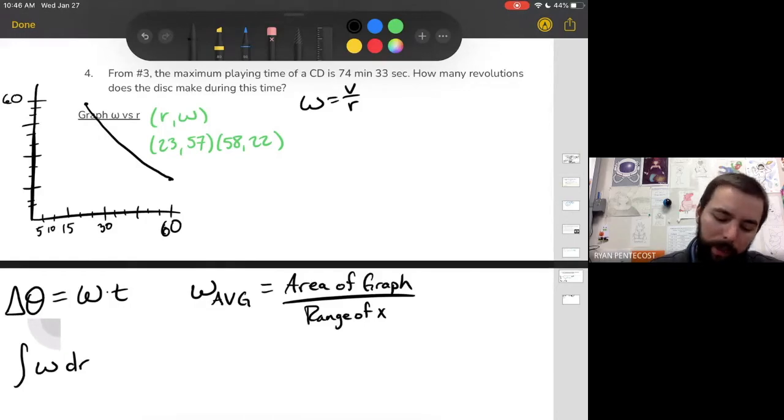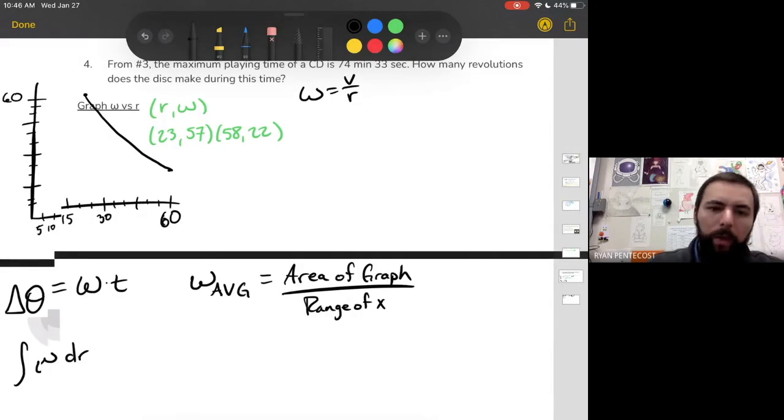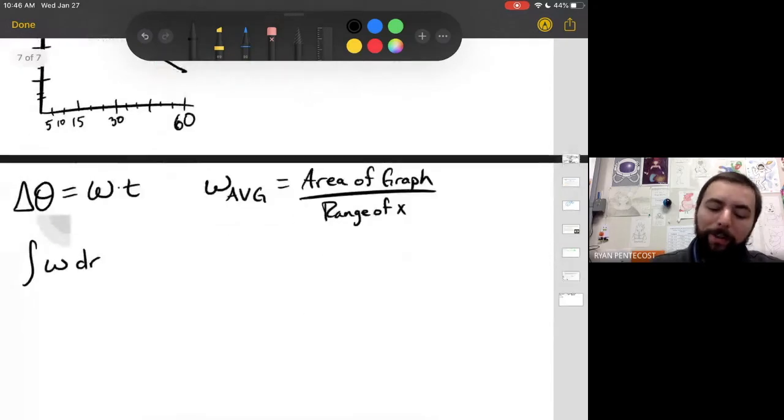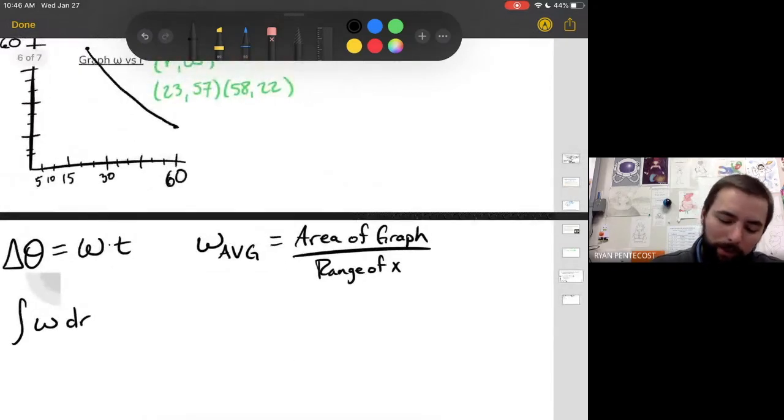That's interesting. You've got 23 and 22, 57, 58. That's kind of cool. So we have, what are we doing again? Range of x, right? So the range of x is going to be just delta r, which is 58 minus 23. That's 35 millimeters, which is 0.035 meters, right?